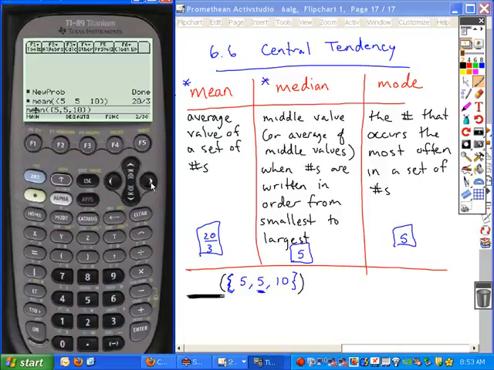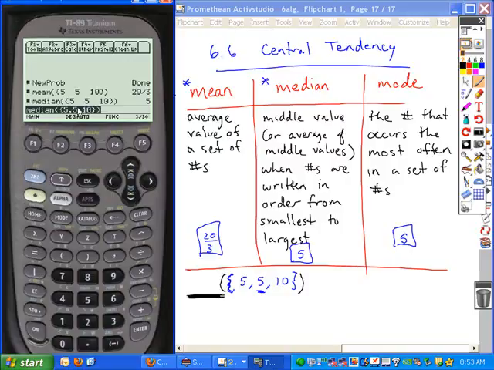If you wanted to find the median, when you look at the way these words are spelled, you could just go in between the E and the A and just type D and I. You have the word median. Hit enter, and it'll tell you that the median, that middle number, is 5. You don't even have to have these numbers written in order in your set.